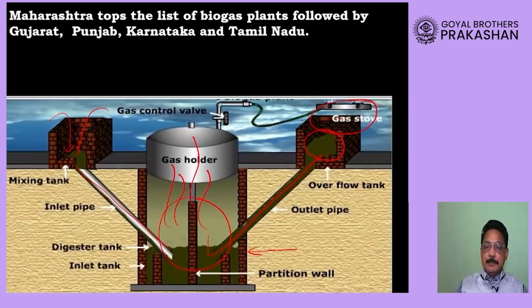Please remember, biogas is actually a mixture. It is a mixture of methane, hydrogen sulfide, water vapor, and carbon dioxide. Among them, the most important one is methane gas. Now, Maharashtra in India ranks number 1 in biogas plants, followed by other states Gujarat, Punjab, Karnataka, and Tamil Nadu.